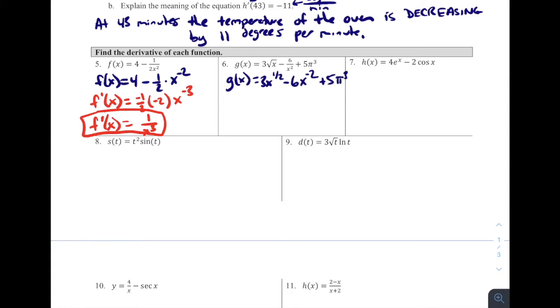Again, my goal here is to rewrite this so that there are no fractions and I can apply the power rule as is, right? So we've got no square roots, we've got no expressions in the denominator, so this is ready to use for our power rule.